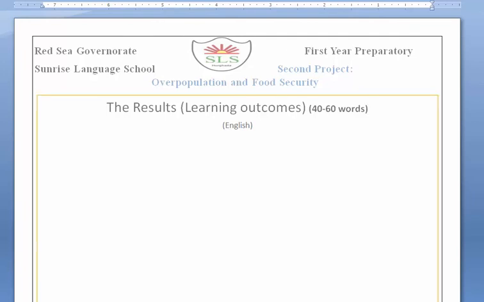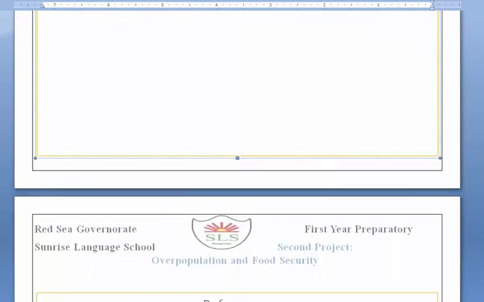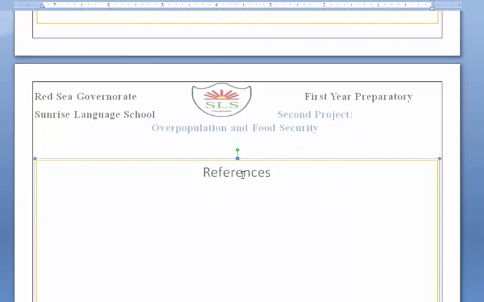After writing the learning outcomes, here the references should be written in English. If you want to write them in English and Arabic, no problem. Here you write the resources that you have used, such as the math book, science book, SSA book, or the Egyptian Knowledge Bank, Google search, whatever.